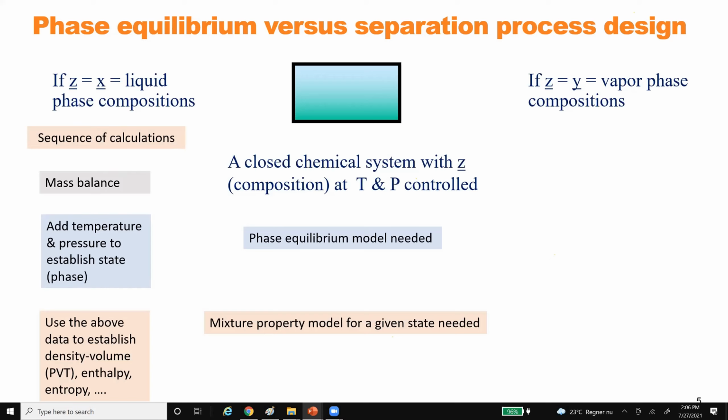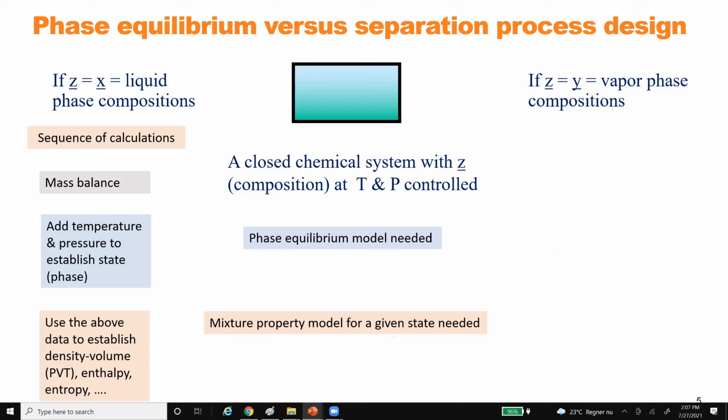And also, if we have the liquid, we can also calculate for the liquid composition at the temperature and pressure the density, volume, the enthalpy, entropy, everything. Okay, so it goes in this sequence. First, we need to know the composition, then we fix the temperature, pressure, so we can calculate the state. Once we know the state, then we can calculate all the other properties dependent on the state.